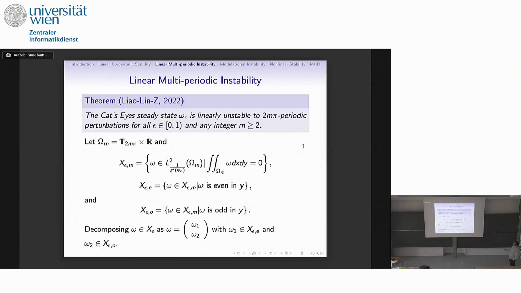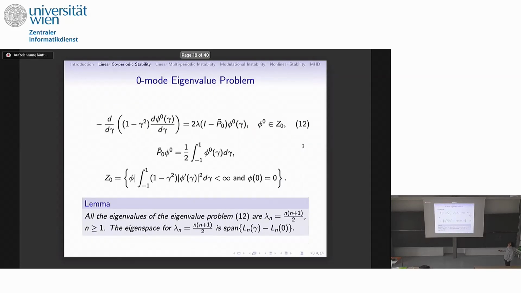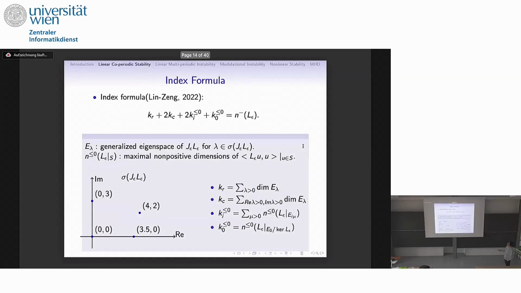To prove this instability, again, we use the Hamiltonian formulation. Going back to our original Hamiltonian formulation, you have this nice formula. If you play with this formula for the case of double or triple period, you can still compute the right-hand side explicitly.